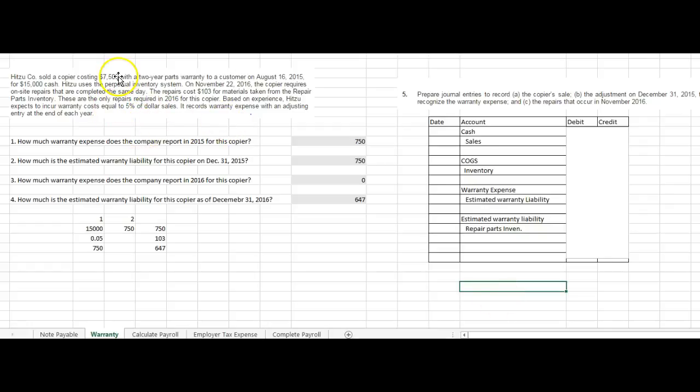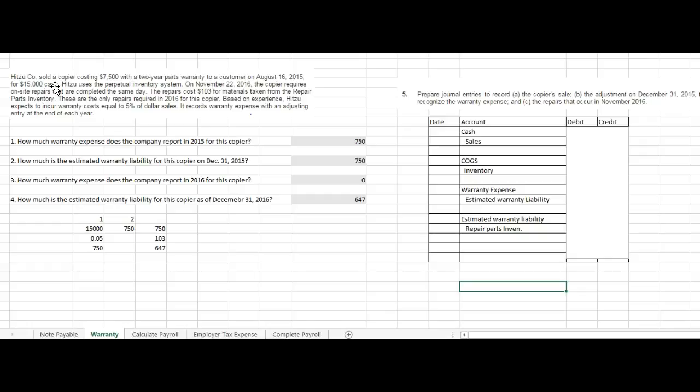This company sold a copier costing $7,500 with a 2-year parts warranty to a customer on August 16, 2015. It cost the company selling it $7,500, but we sold it for $15,000 because we're going to make a profit on it.